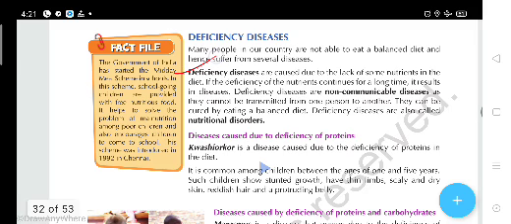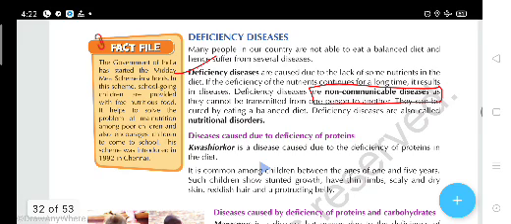That is deficiency disease, caused due to the lack of some nutrients in our diet. If the deficiency of the nutrients continues for a longer time, it results in disease. Deficiency diseases are non-communicable diseases. Non-communicable disease means it cannot spread from person to person.